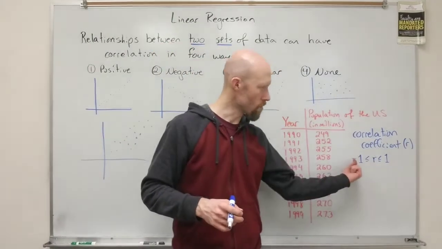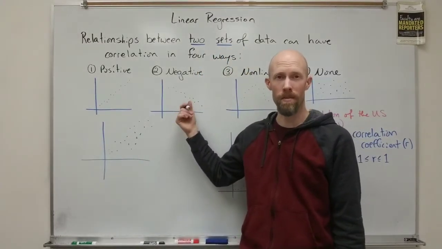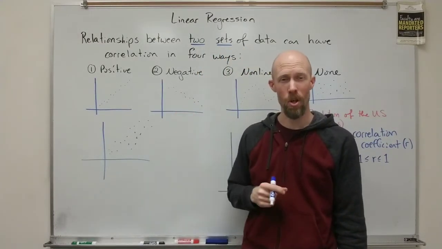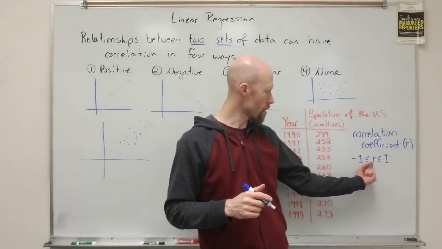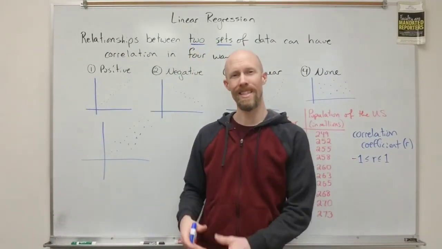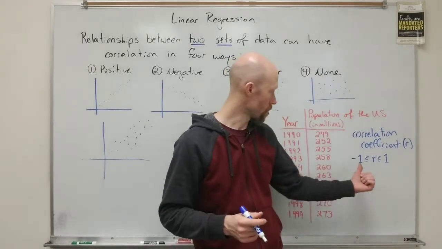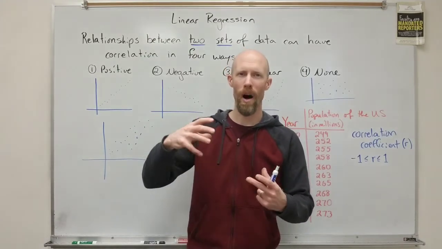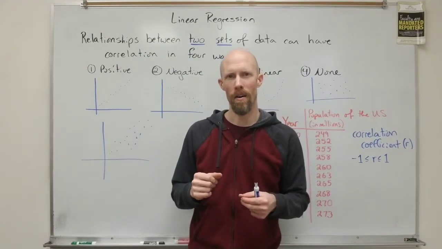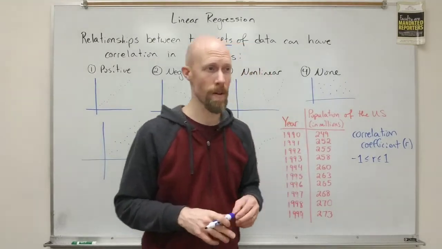If the R value is negative, you get a negative correlation, kind of makes sense, or negatively sloped trend. And the closer the R value is to -1, again, the tighter that trend is going to be to a line. The closer that R value is to 0, but still on the negative side, the wider that dispersion, but it's still going to have some negative trend to it, okay?